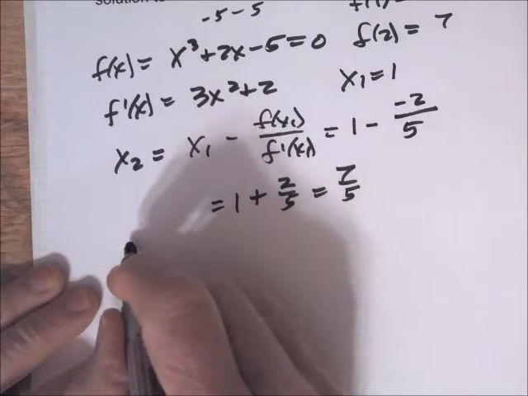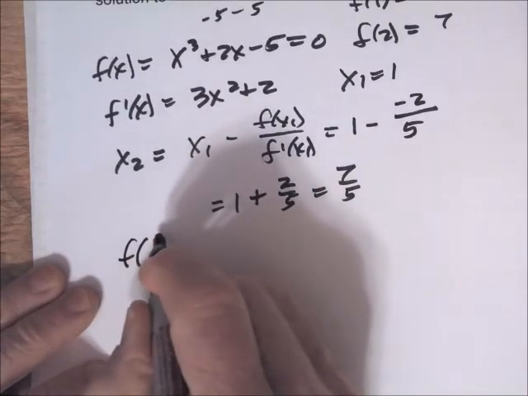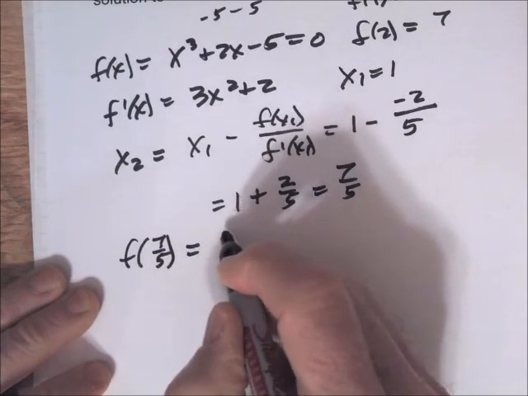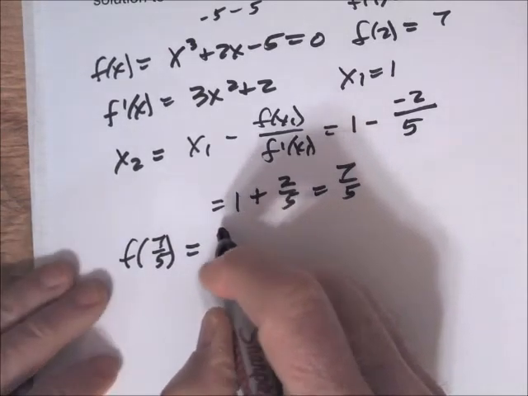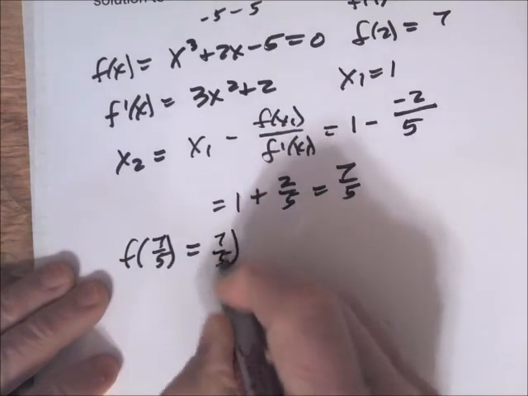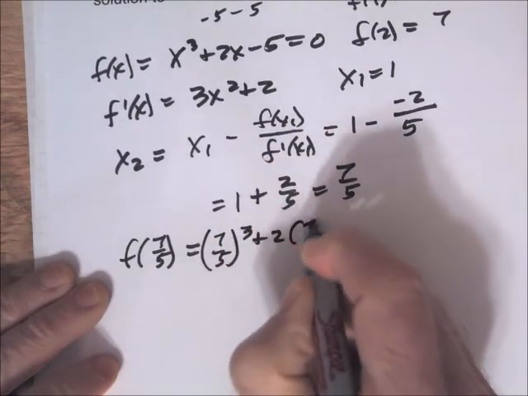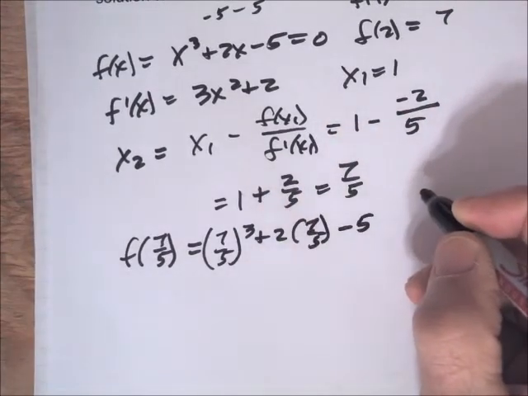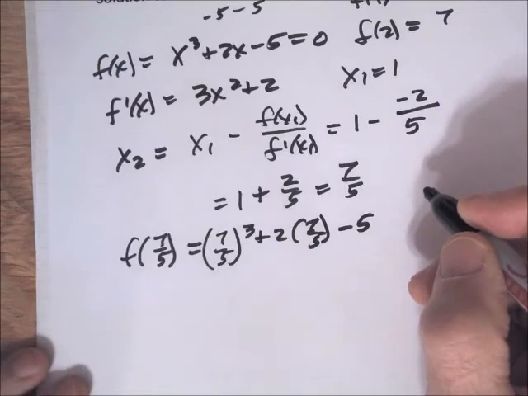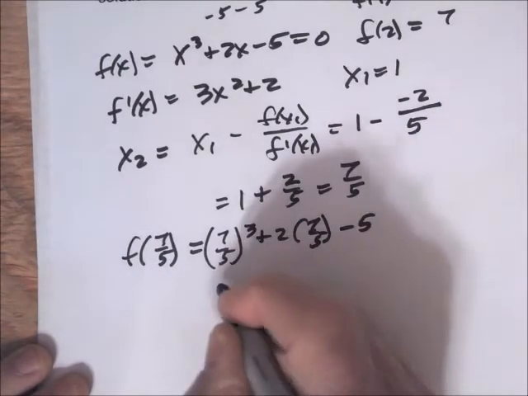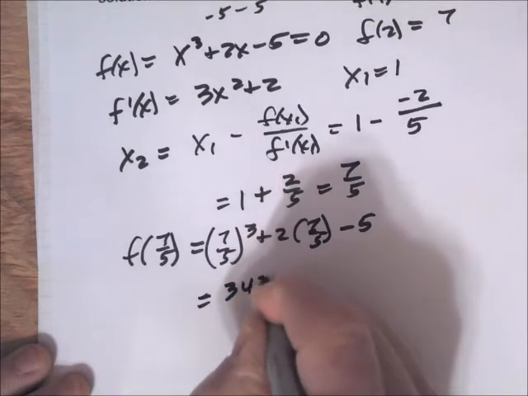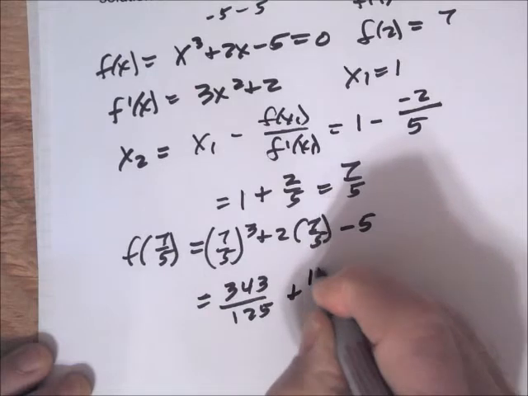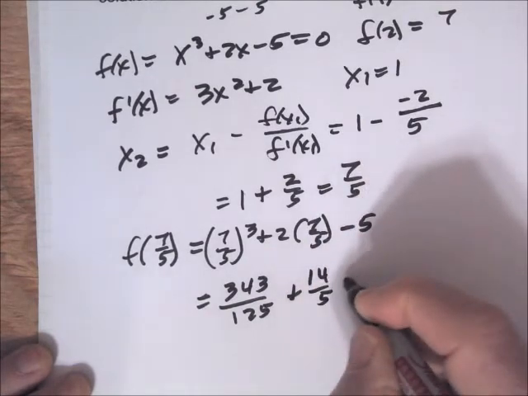This is going to get kind of messy here, but let's do f of 7/5. So f of x2 is going to be 7/5 cubed plus 2 times 7/5 minus 5. 7/5 cubed: 7 times 7 is 49, and then times 7 is, I think, 343. So 343 over 125 plus 14 over 5, and then minus 5.